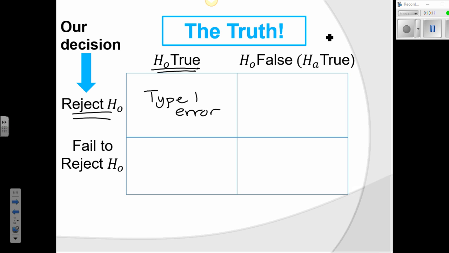Is that what we want to do? Do we want to reject H0 when H0 is false? Yes. Smiles. What if we fail to reject H0, but H0 is true? Smiles. We don't want to reject something that's true. But what if we fail to reject something that's false?